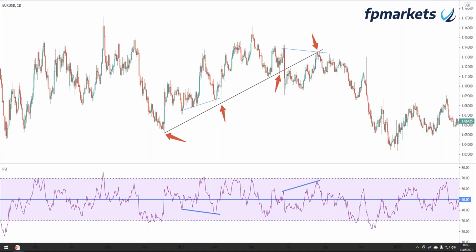And I also know longer-term traders that look at higher periods. But for me personally, as you can see on the chart, I always stick to the 14 period, and that goes for the H1 time frame as well.